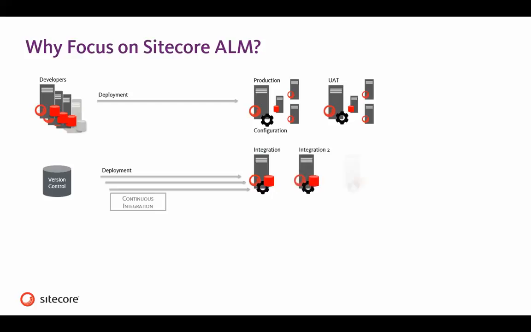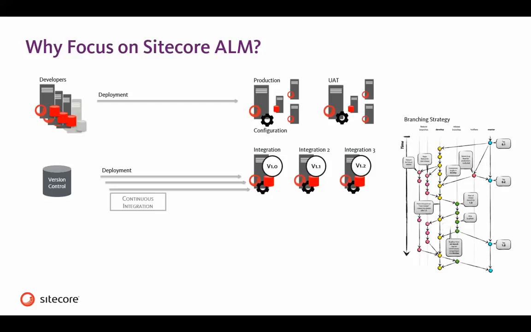We might have multiple versions of the integration environment. If we have three different third-party systems that we're integrating with, these systems could have different release cycles than the website.